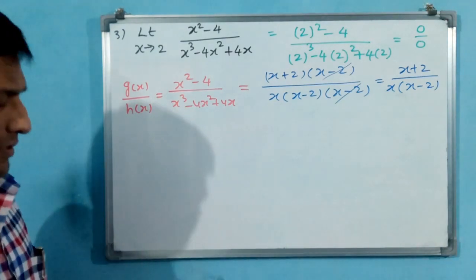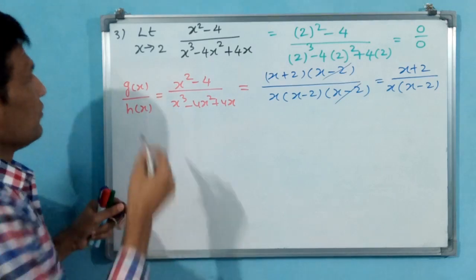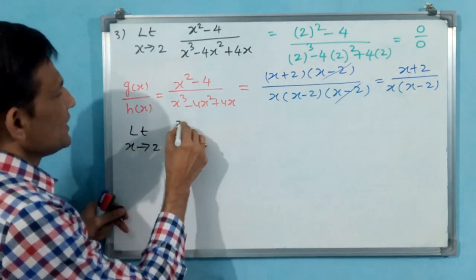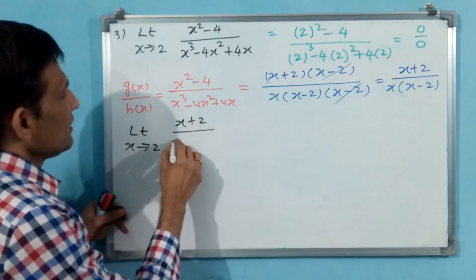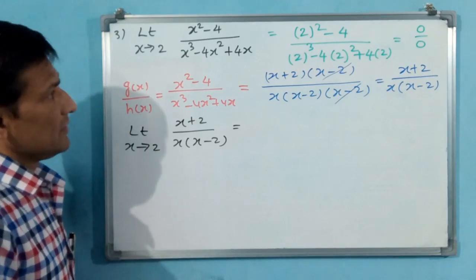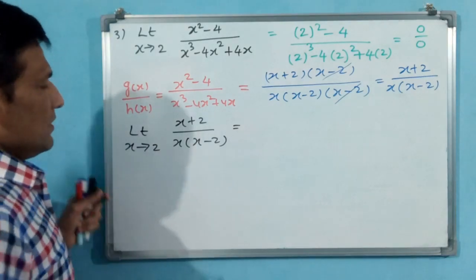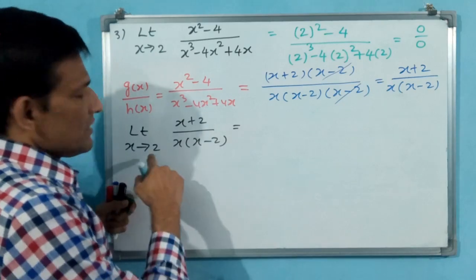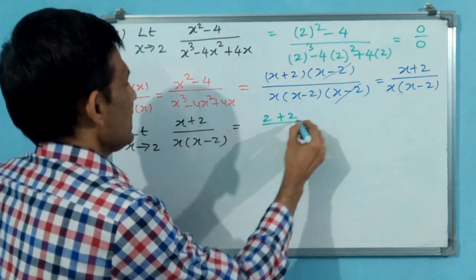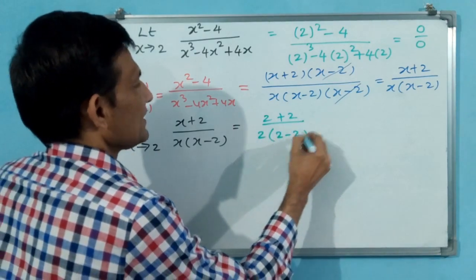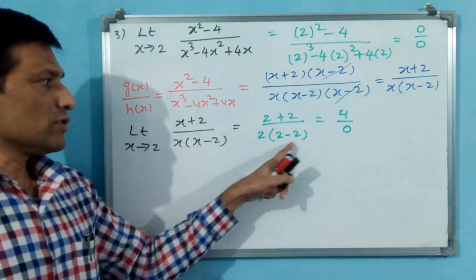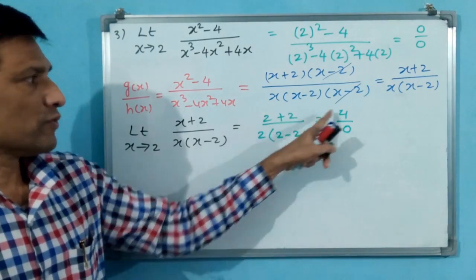Now you substitute. Then you bring again limit x tends to 2, x plus 2 by x into x minus 2. Now while substituting this value, you need not write limit. 2 plus 2 by 2 into 2 minus 2. That is equal to 4 by 0. 2 minus 2 is 0, 0 into 2 is 0, 2 plus 2 is 4. 4 by 0.